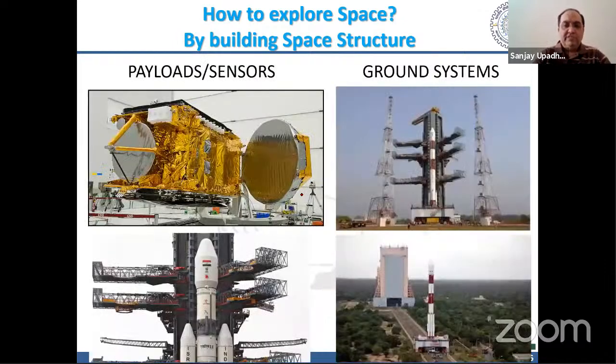Our ISRO people have successfully launched payload sensors. These are pictures of the space shuttle launch from the launching pad. You see there is huge space required, large volume, everything on a large scale. As a technocrat, we need to think about how to optimize.